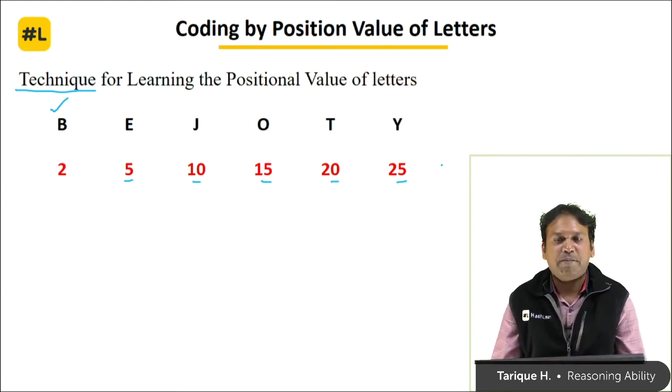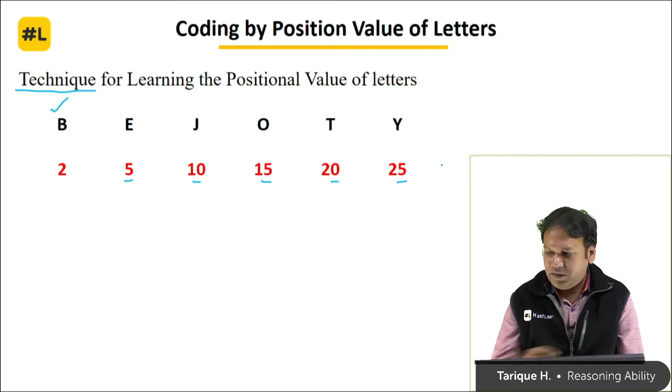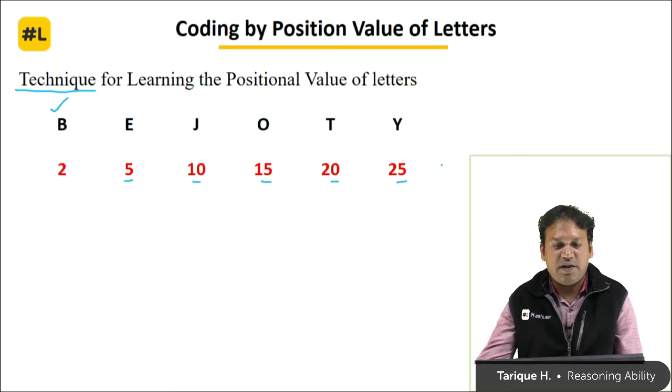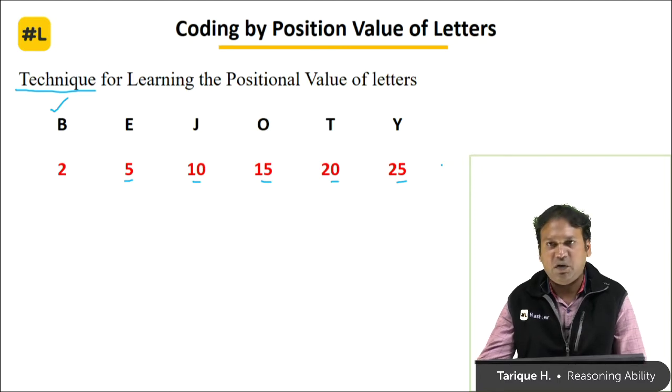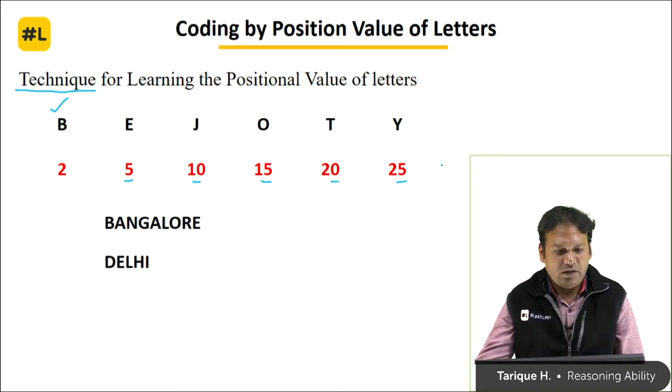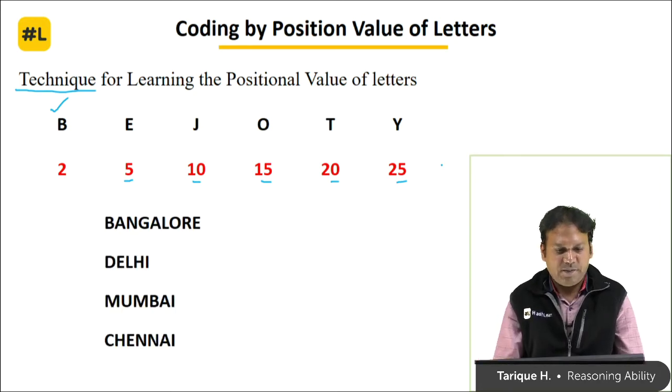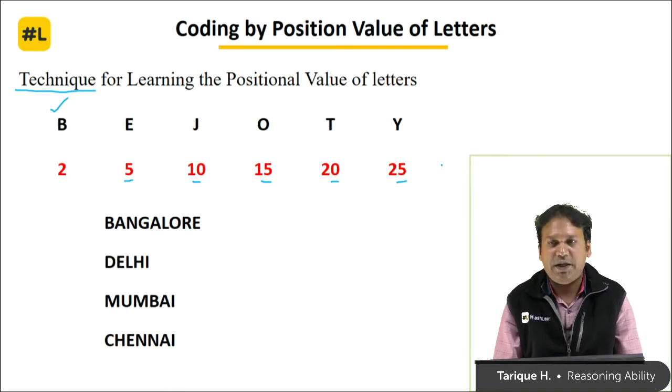Now let's try one thing. All of you can do it. So I will give you some words on the screen and you will try to do the coding as fast as possible. That means write down the positional value of the letters of each of the words that you see on the screen and see how much time it takes for you. So here we have 4 words: Bangalore, Delhi, Mumbai and Chennai.